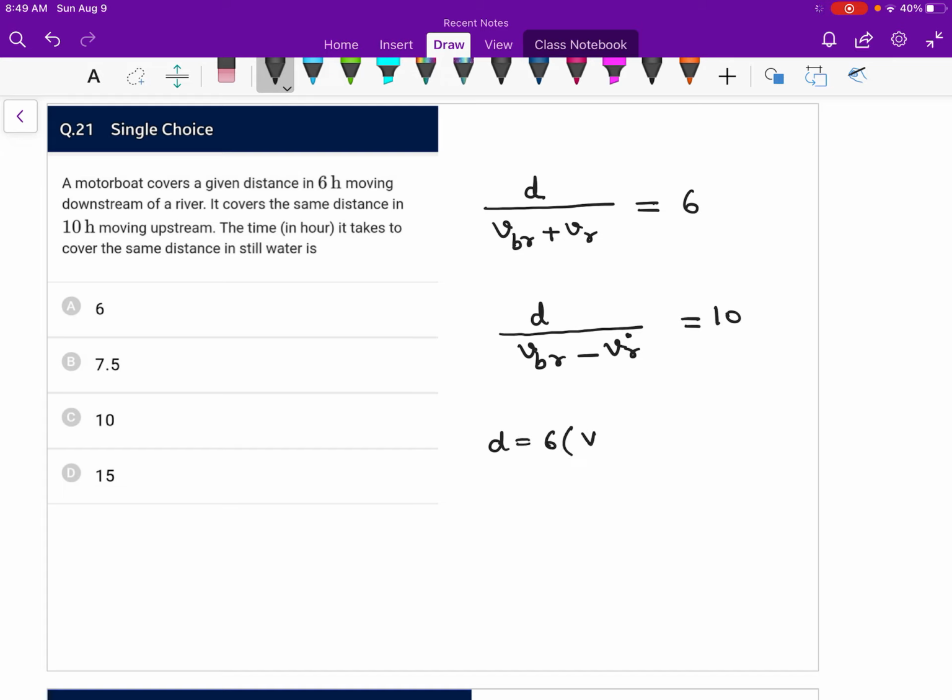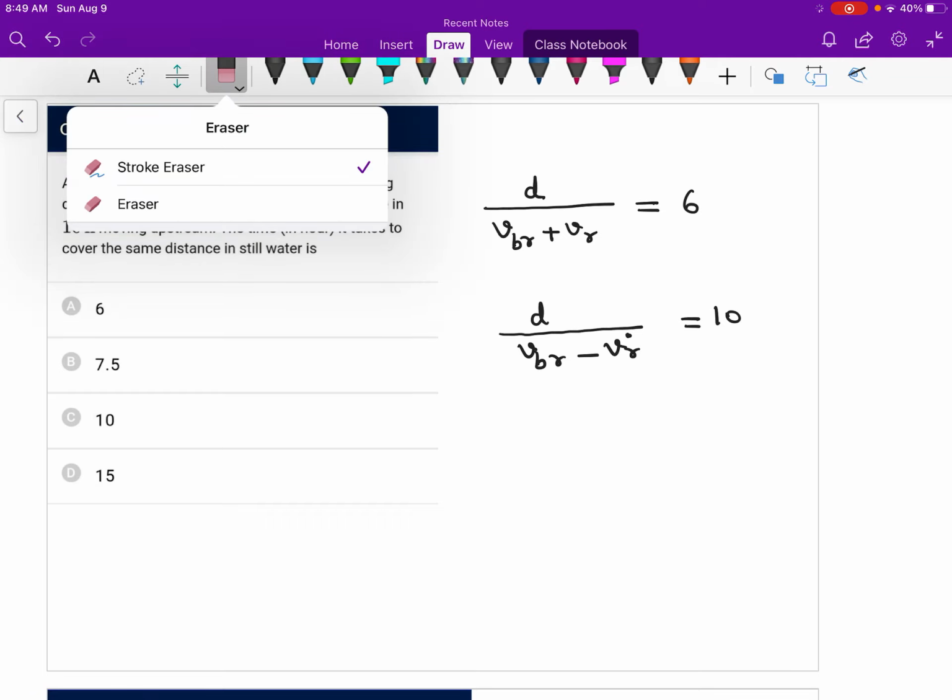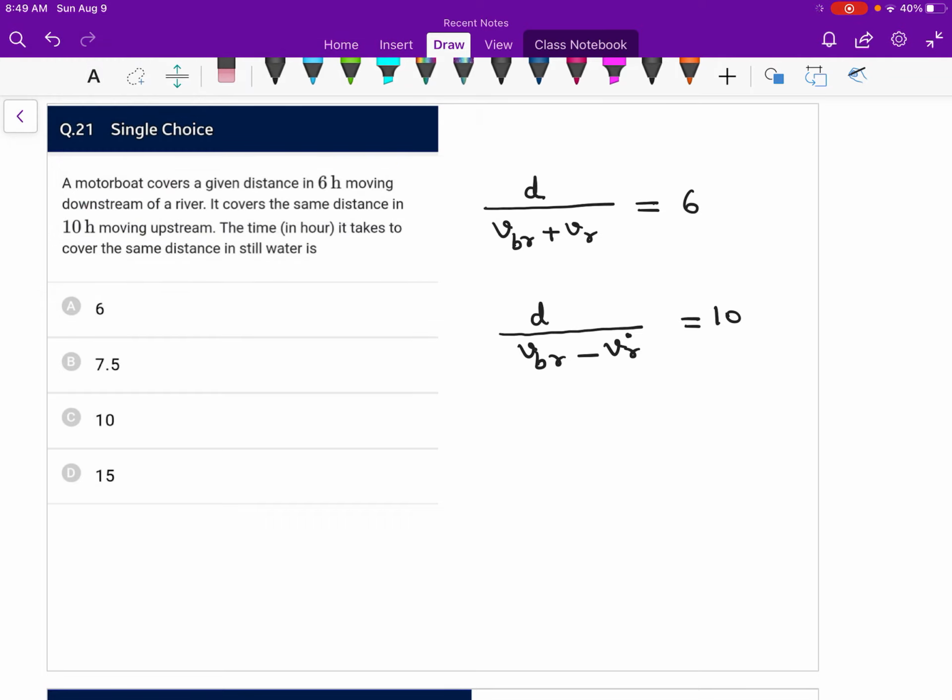So D is 6 times (VBR plus VR). So we want to find out VBR. VBR plus VR is D by 6, and VBR minus VR is D by 10. Now add these two equations.